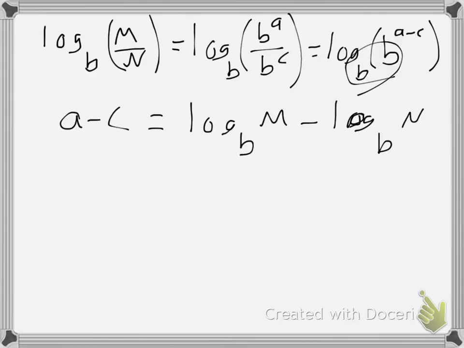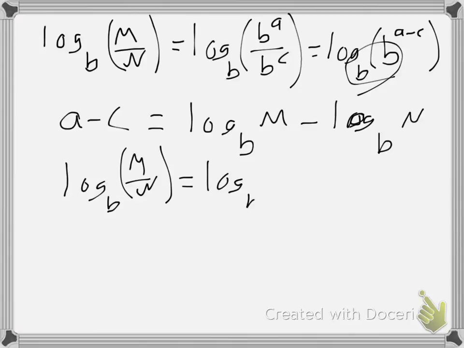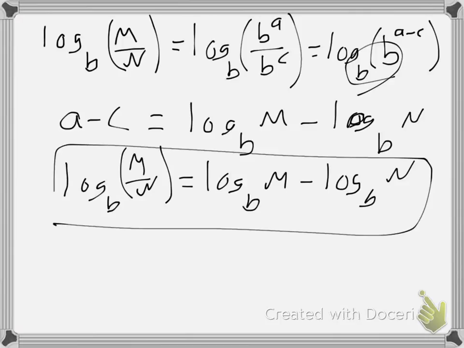So that it just proved it. So log base b of m over n is equal to log base b of m minus log base b of n. I'm just showing that the top part that we started off with would come along for the ride and it would equal that. That is the property that you guys learned several lessons ago.